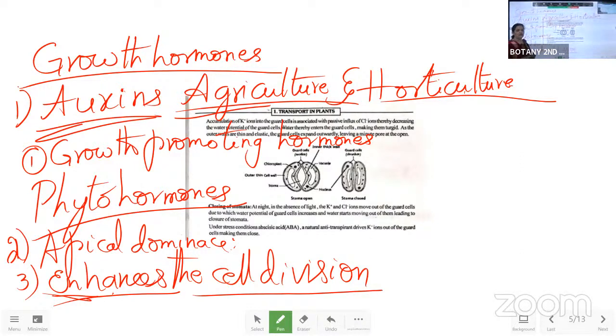In agriculture, if we use it with sugarcane, then the stem length and the leaves will be more. With this, the thickness of the stem and the sugar content will be more for us, more juice, more sugar.